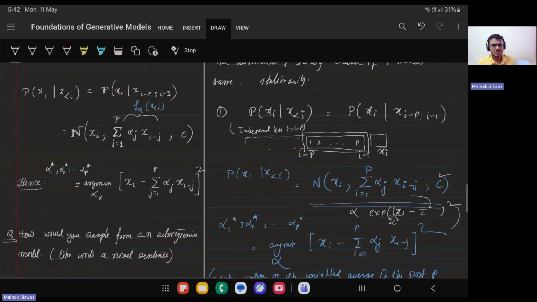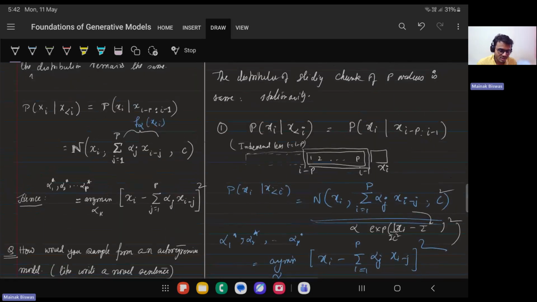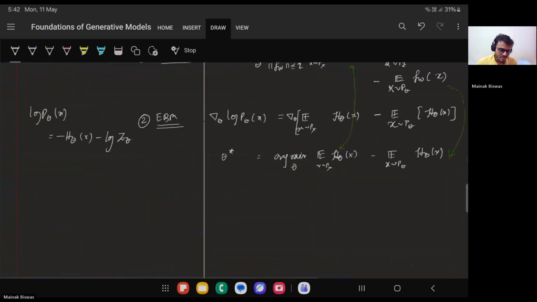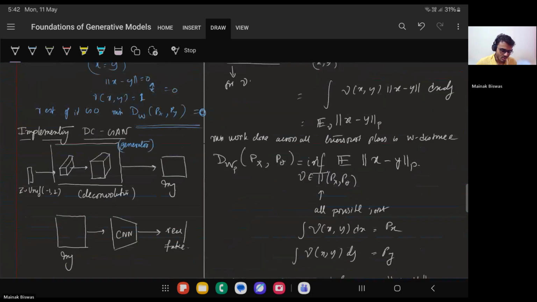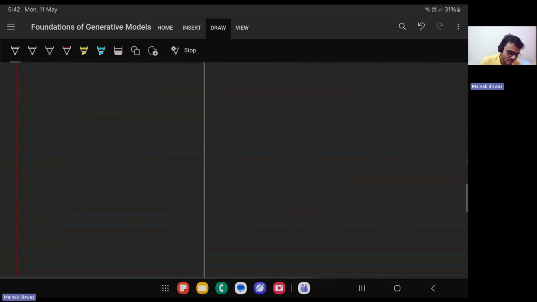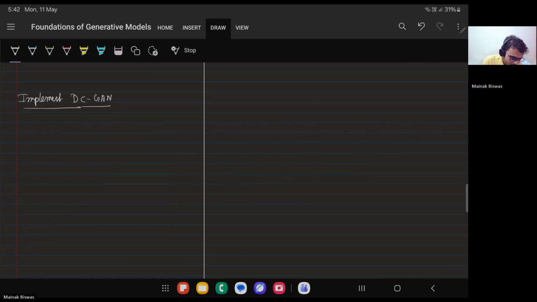I'll just start showing you how we will implement the DC GAN. The problem that I'll do here is implement the DC GAN. Here I am taking a 50 length Z sampled from uniform -1, 1 to the power 50, which is a deconvolutional GAN, a Deconv GAN.